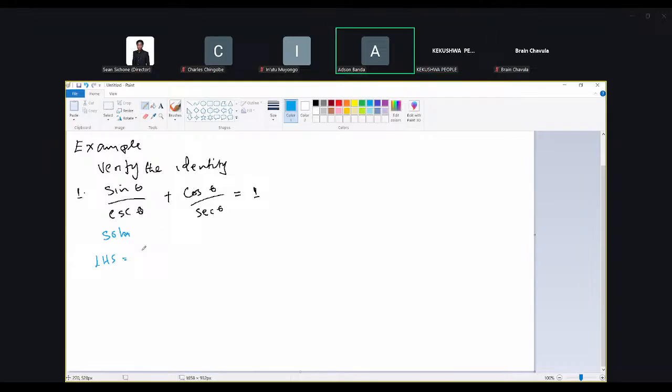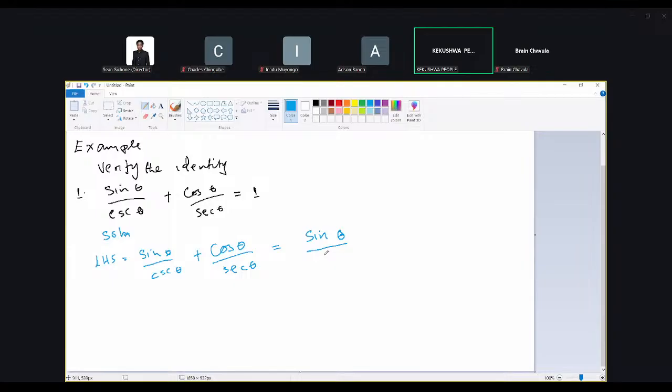The left-hand side, we have the sine of theta divided by cosec theta, plus cos theta divided by sec theta. Right, so what do we know about sec theta and the cosec of theta? This is going to be equal to sine theta divided by cosec theta.